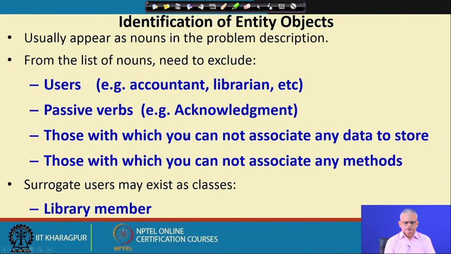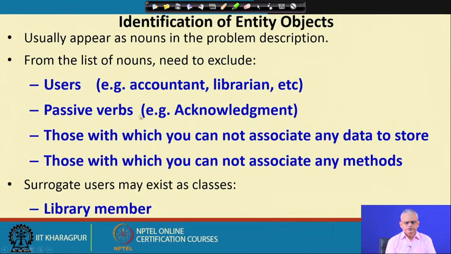But of course, sometimes we need to have some of the users also as classes. For example, a library member is a class, but many of the users are not classes.